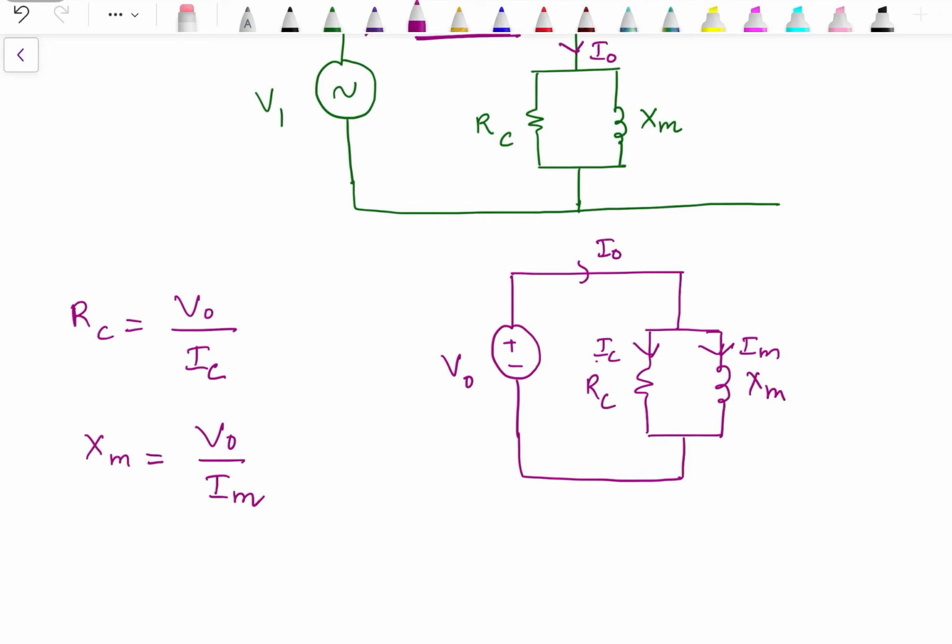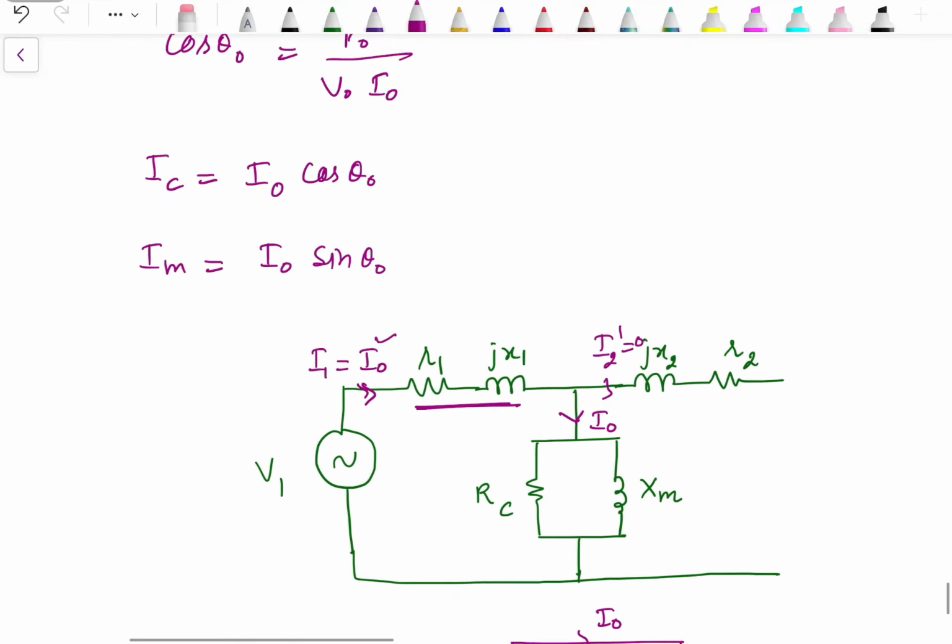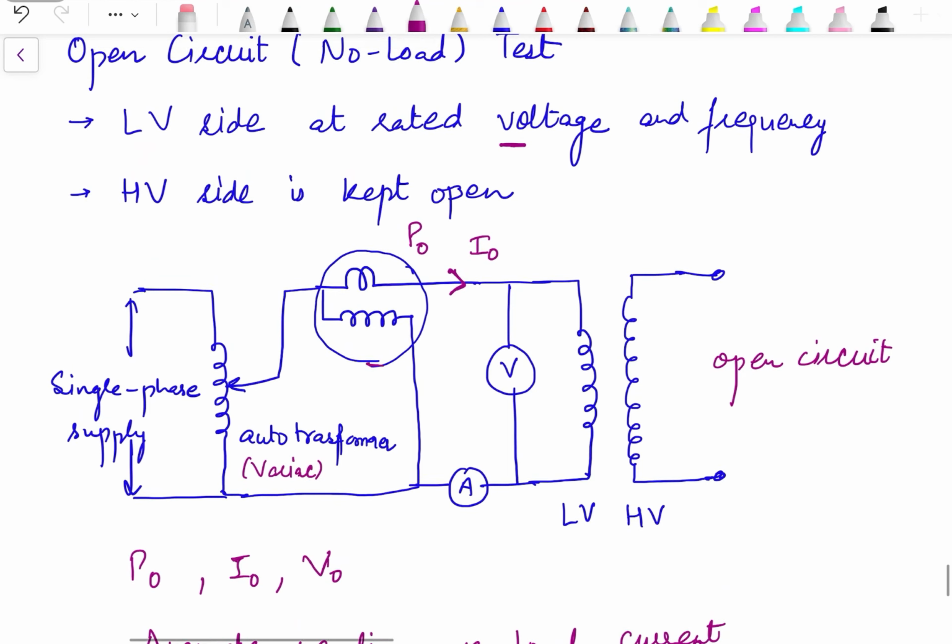Now we need to note that this RC and XM are referred to the LV side, since the test was conducted on the low voltage side.